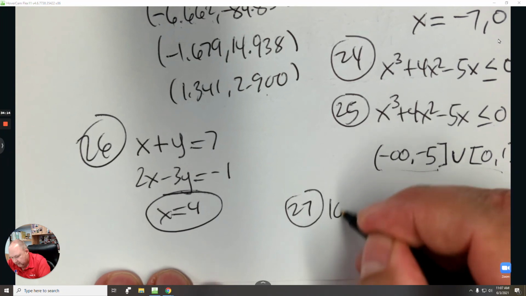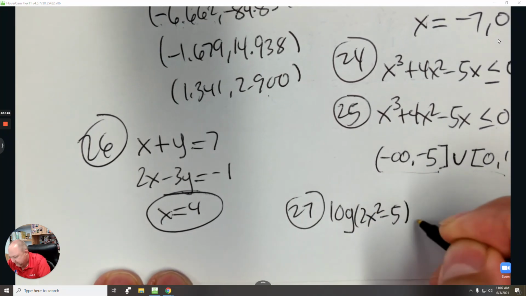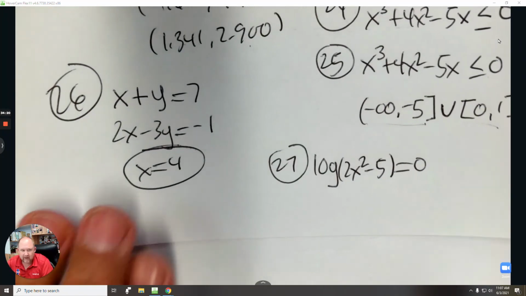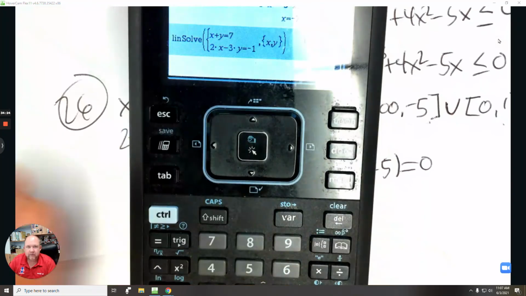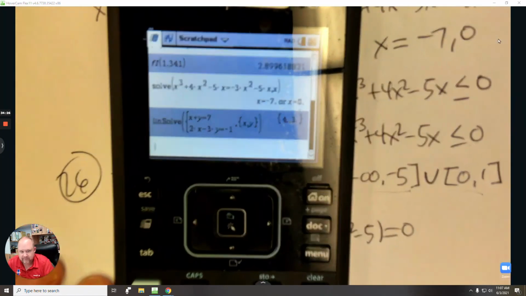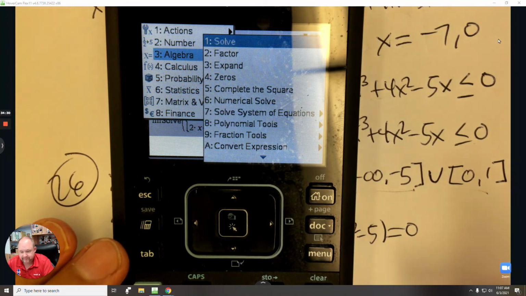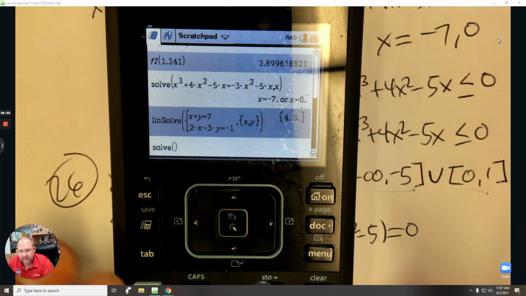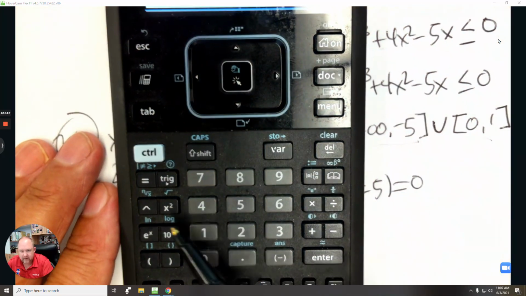It says solve this equation. And again, we're fortunate we have a calculator that can easily solve it. Just type it in with me. So how do I solve an equation with this calculator? Press menu, go to algebra, solve, and the equation. Now we're solving a logarithm, so the log button is right here in blue.